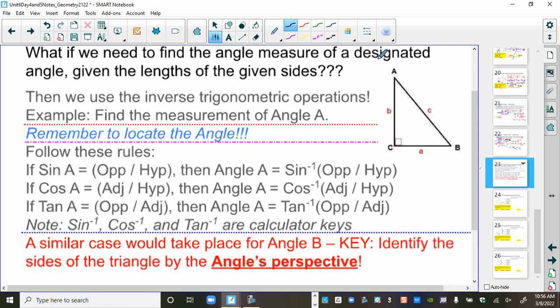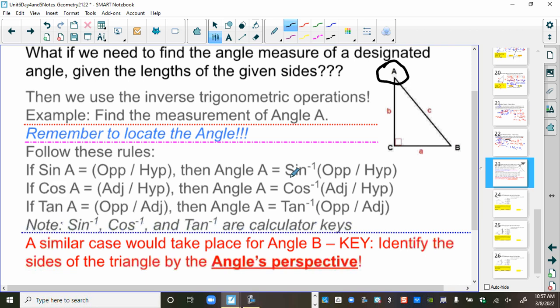So whatever angle you're given, so let's say if it's angle A, you still need to know what our opposite, hypotenuse, and all that business is. You still need to know that. But what's going to happen now is you're going to use those inverses, like the sine with that -1, cosine of the -1, tangent of that -1.